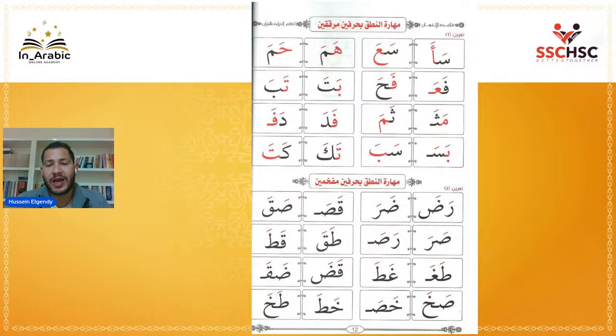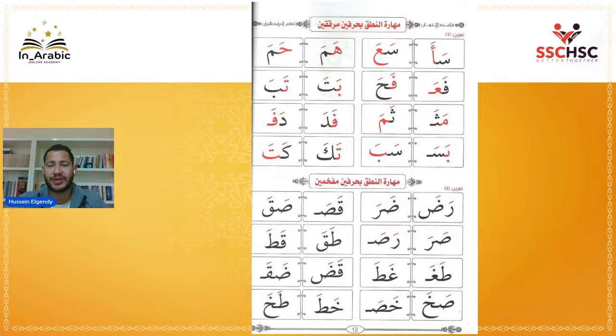So we have here more letters and words to read, and these are words with hurufun muraqqaqa, which are light letters. So sa, a, sa, a. Both are light letters. In the first line, the first word, sa, a, we have two light letters, sin and alif. So both light. How to make this pronunciation? You say it like that. Sa, a.